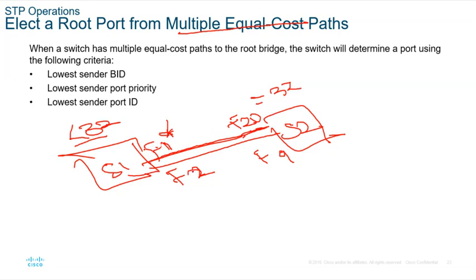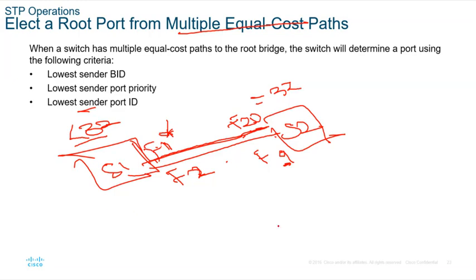This one has the higher sender port priority, and on this side, it is the lowest port priority. But what determines it is the sender, which is this. It's the one that determines. Get it?